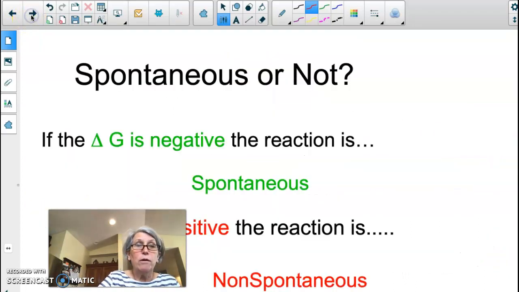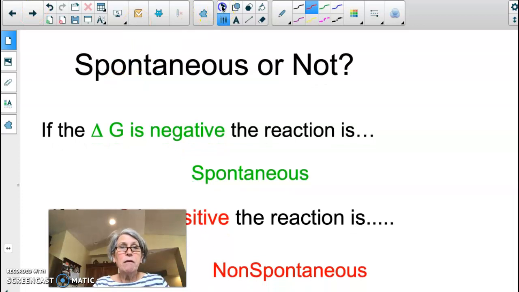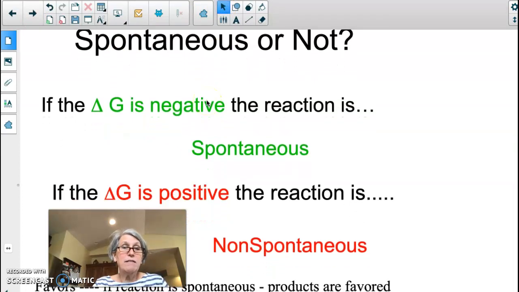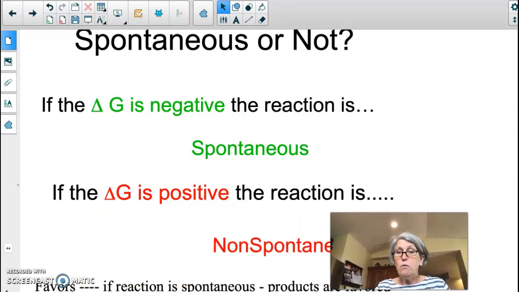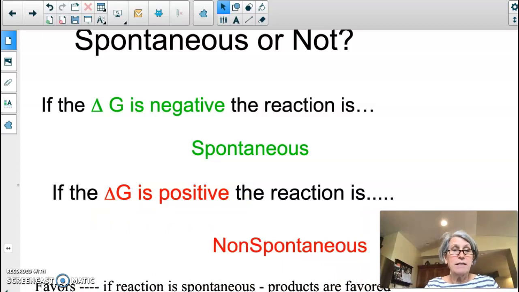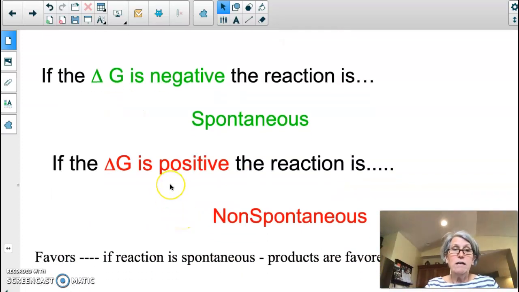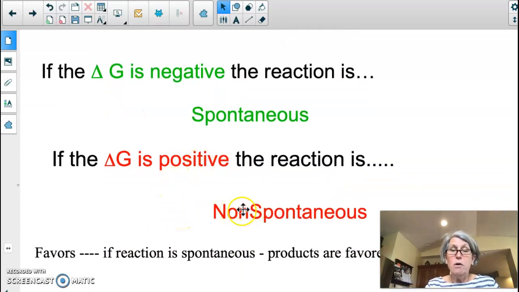So looking forward, you want to consider whether or not a reaction will be spontaneous. A reaction will be spontaneous if you've got a delta G that is negative. That means the reaction is going to happen on its own. If the delta G ends up being positive, we say that the reaction is non-spontaneous.